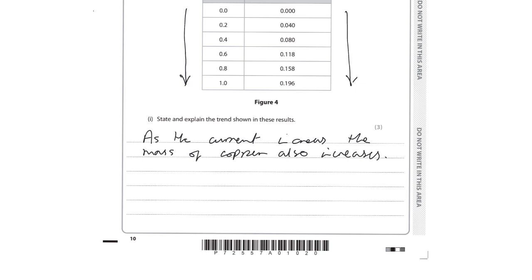And then if there's more electrons, then there's going to be more copper ions turning back into copper metal. So there's more reduction happening. In order to turn the copper ions back into copper metal, they need to gain electrons.